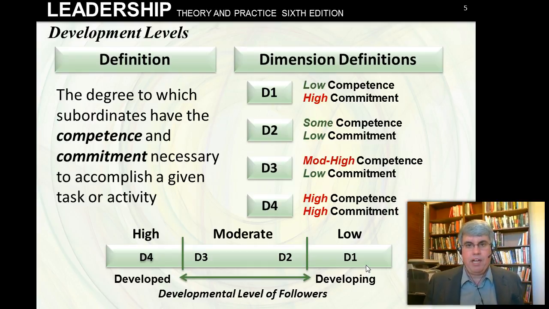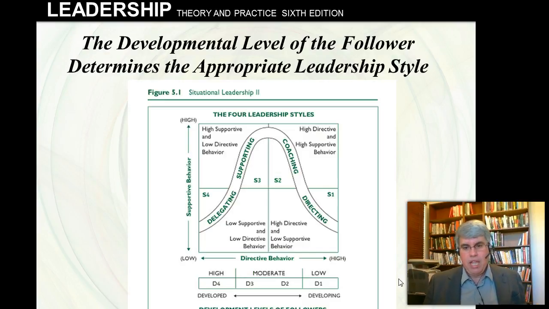You're supposed to find the commitment level of the followers. And that's what we have down here. So down here we have D1 through D2 through D3 to D4, the development level of the follower, and that is supposed to dictate what part of the path that you're on.